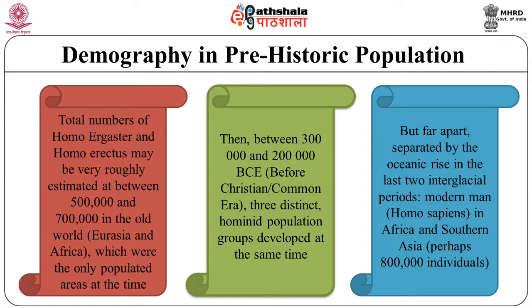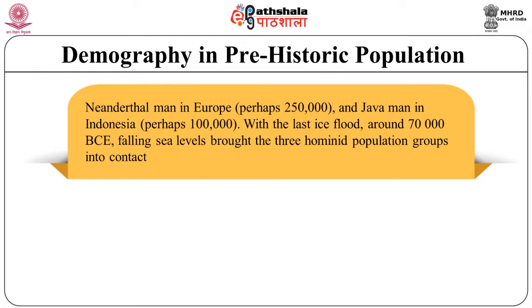That is the modern man, that is Homo sapiens, in Africa and southern Asia, perhaps 800,000 individuals; the Neanderthal man in Europe, perhaps near about 250,000; and Java man in Indonesia, perhaps 100,000. With the last ice flood around 70,000 BCE, falling sea levels brought the three hominid population groups into contact.